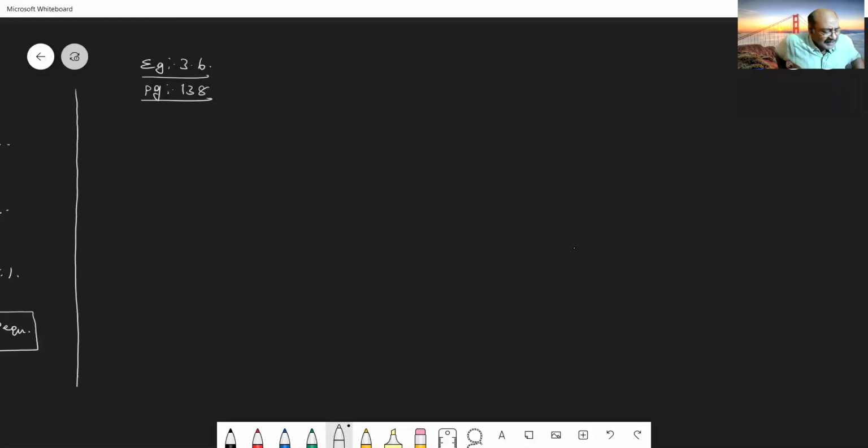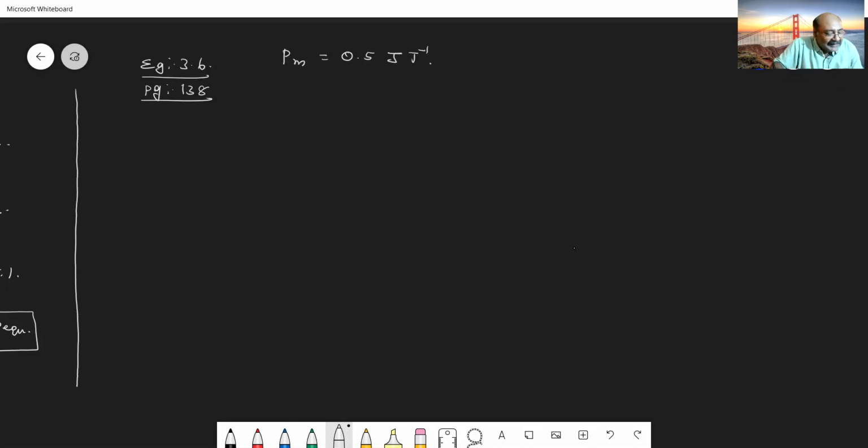Further, we are going to study example number 3.6 available on page number 138. Go through the problem again. A short bar magnet has a magnetic moment of 0.5 joule per Tesla. As we know, the magnetic moment is represented by PM, which is equal to 0.5 joule per Tesla or ampere meter square.